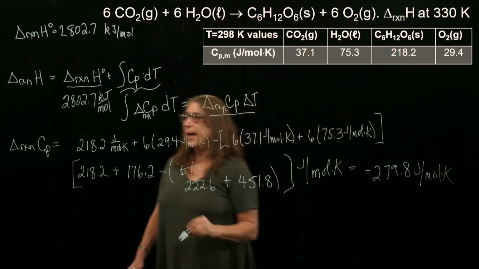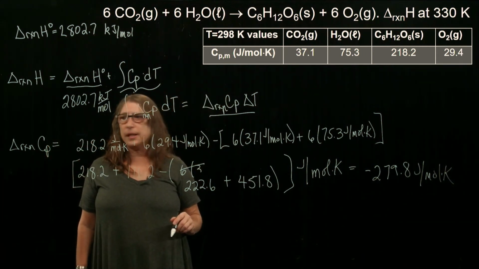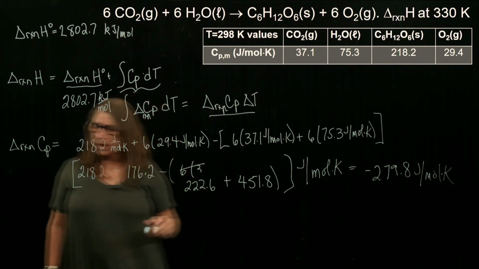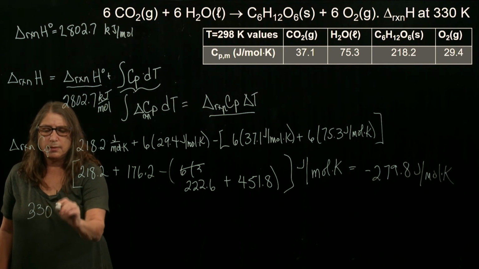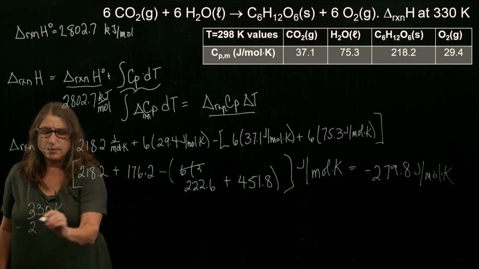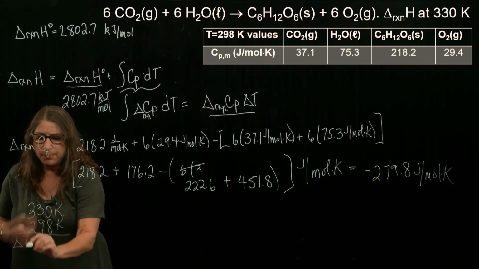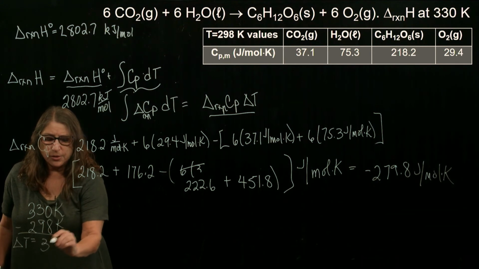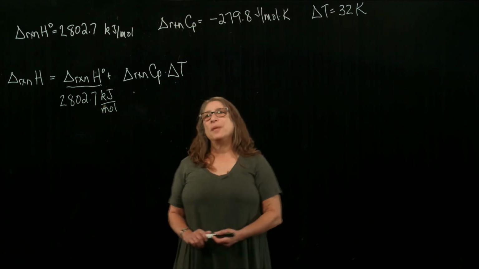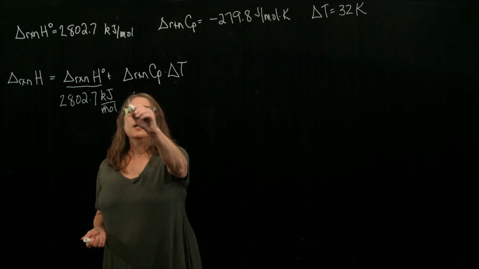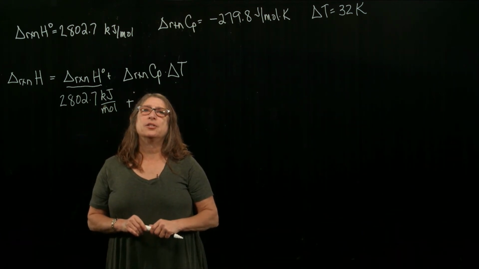Now, in order to come back and actually get the enthalpy of reaction at 330 Kelvin, I first need the change in temperature. So my change in temperature is equal to 32 degrees Kelvin. Now that I've made myself some room, here's my enthalpy of reaction under standard conditions.